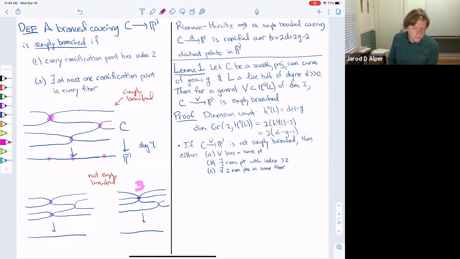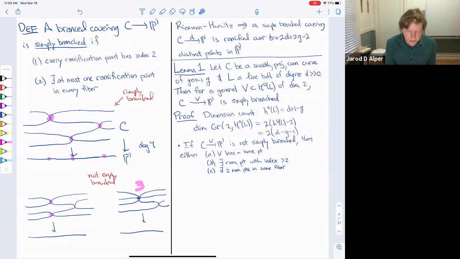Right, so if you have a simply branched covering, then Riemann-Hurwitz implies that it is ramified over this number, which I'm calling B, 2D plus 2G minus 2 distinct points in P1. So it seems like a nice notion, but we need to show that smooth curves have simply branched coverings.